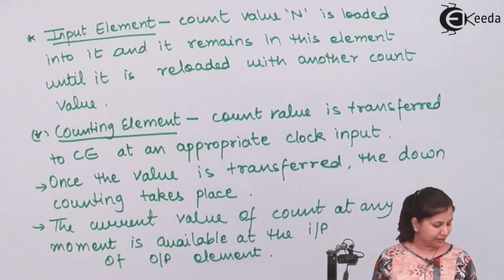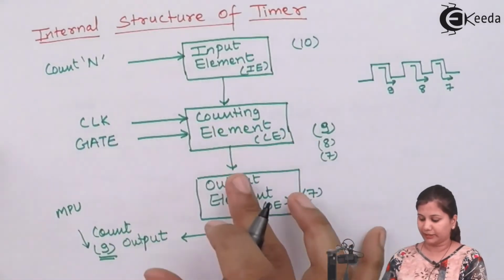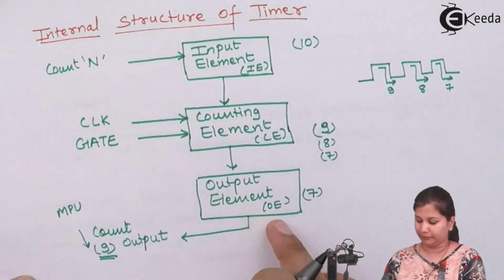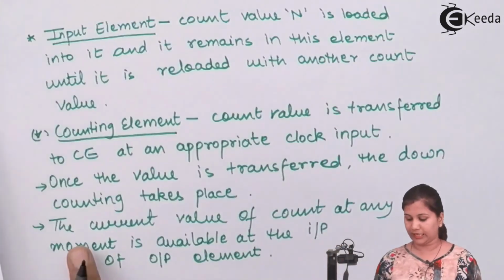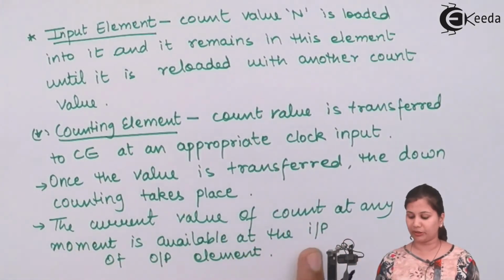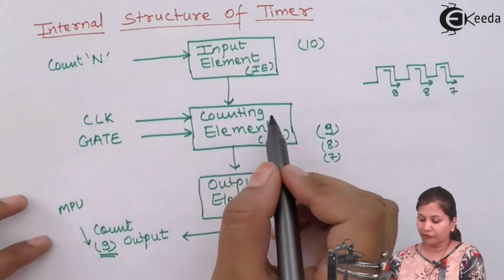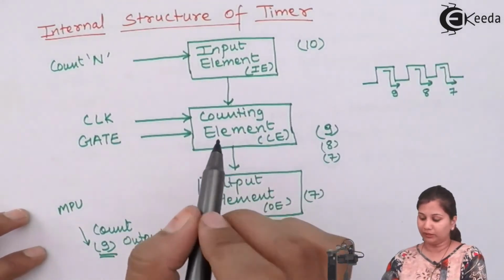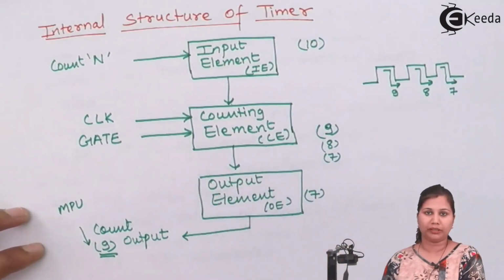So in the diagram, we can see that the output of the counting element is connected to the input of the output element. Here I have written that the current value of the count at any moment is available at the input of the output element. So whatever is the current value of count in the counting element is available at the input of this output element.